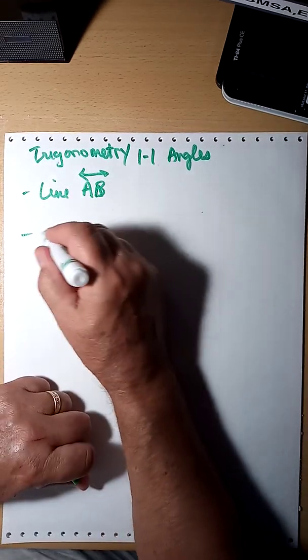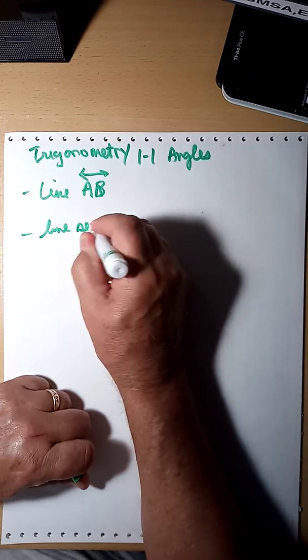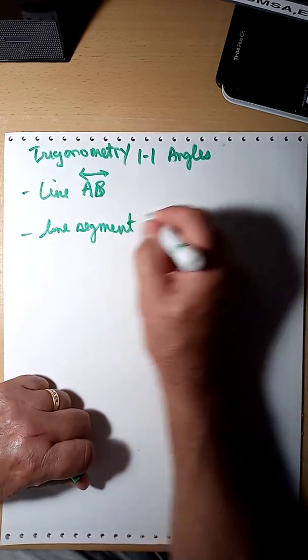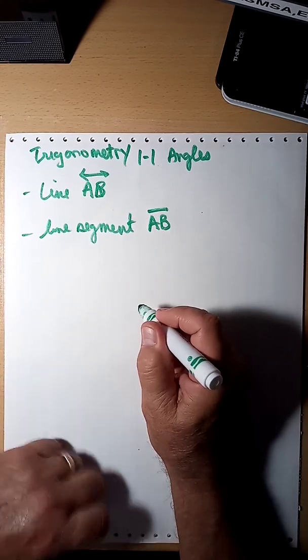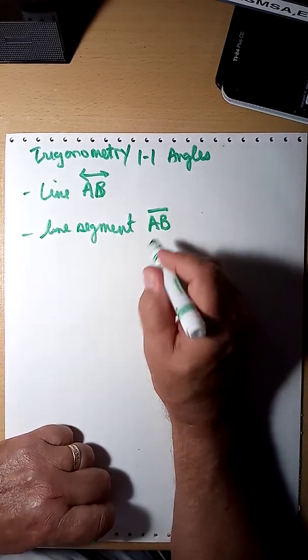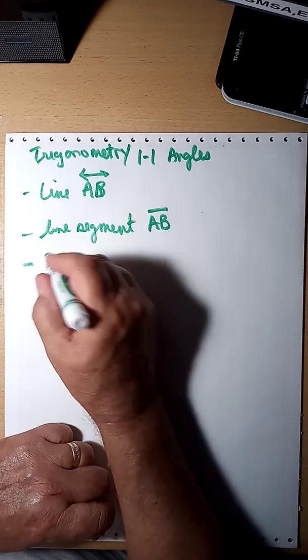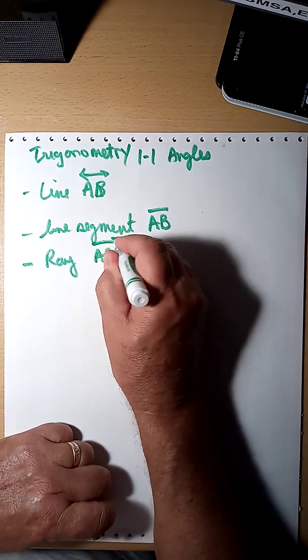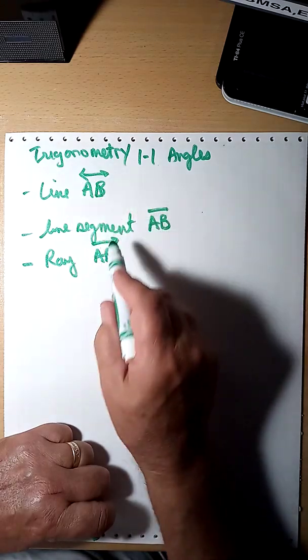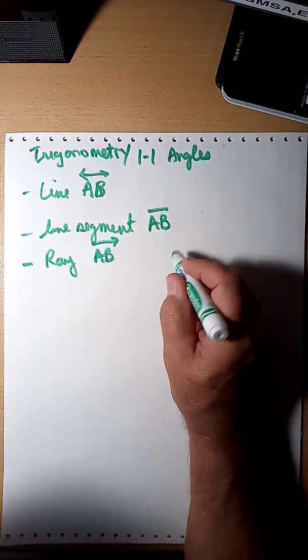If you want to have line segment AB, you would put a line without the arrows because it comes to an end. It's just a segment.